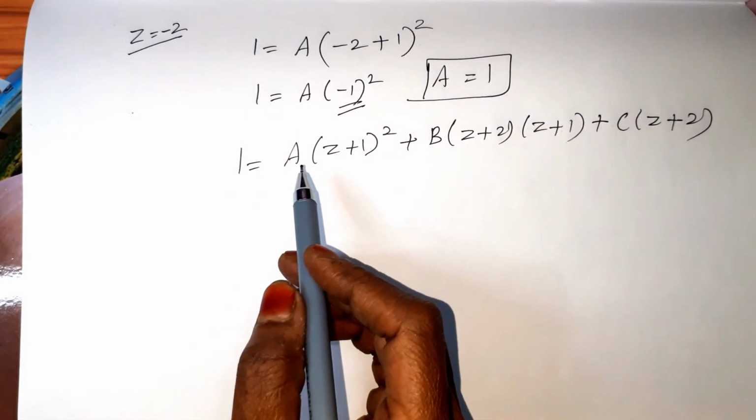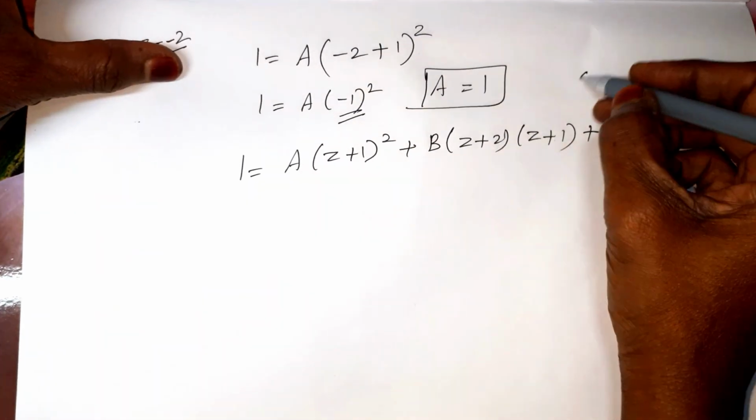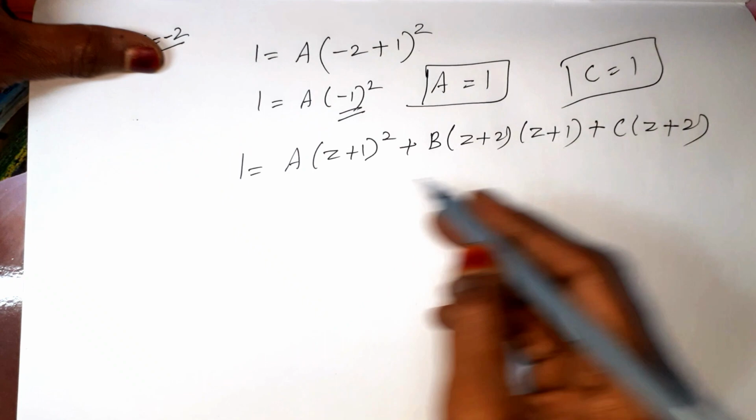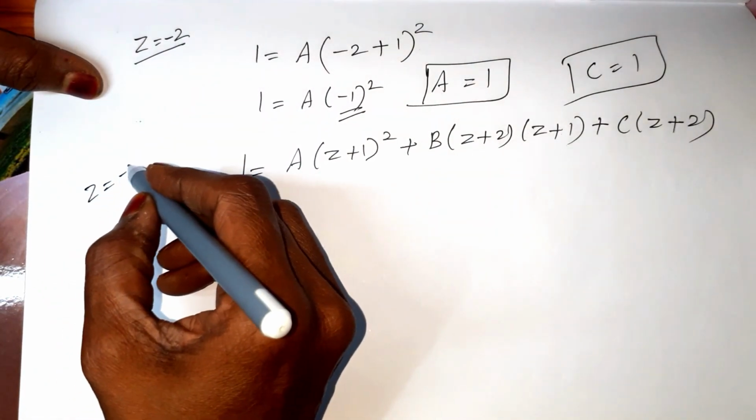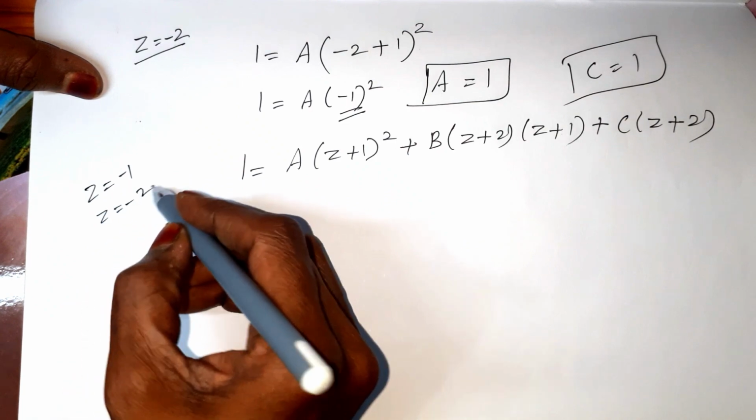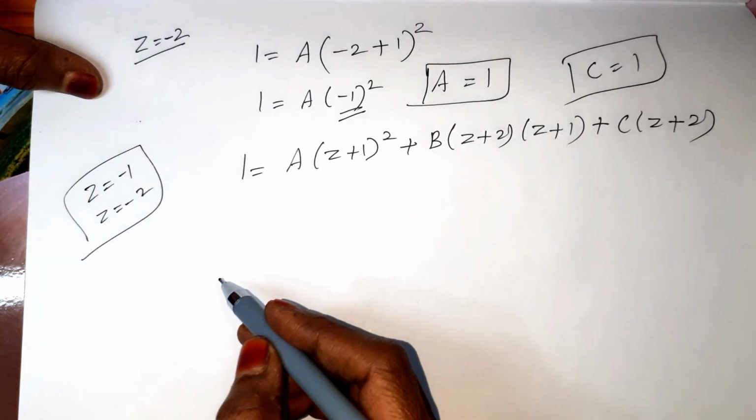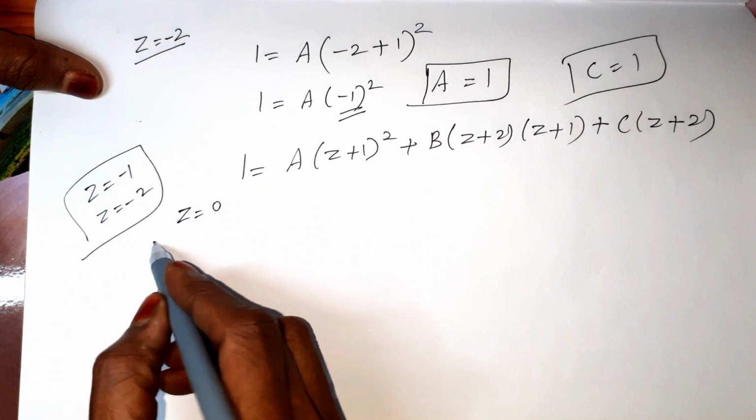So now for finding the other constant, we got two constants A and C, C also 1. For the other constant, we are not able to substitute z as minus 1 and z as minus 2. Okay, so now I am going to take z as 0.